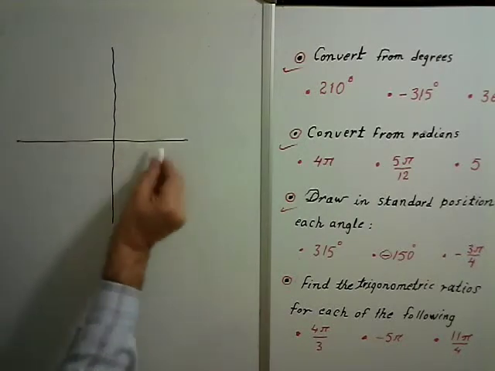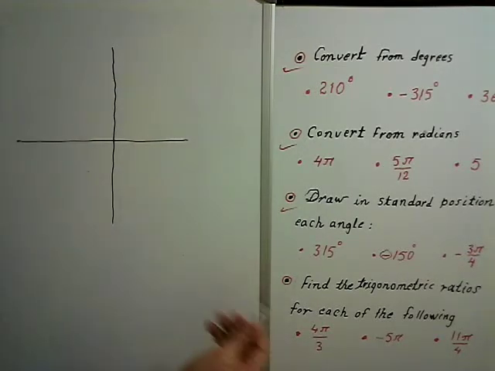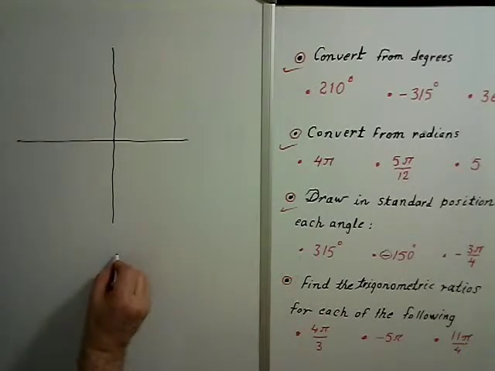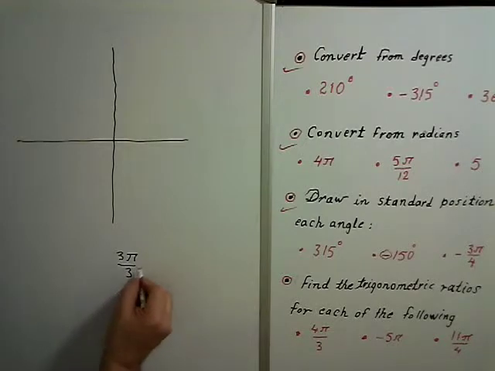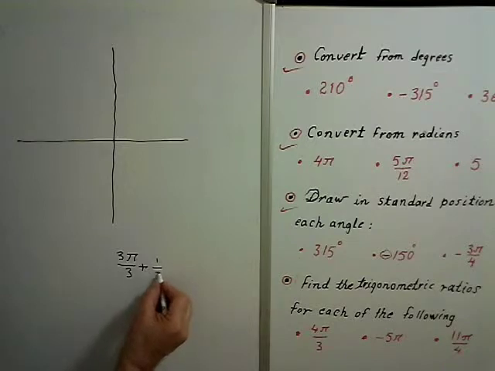The two axes, and 4 pi over 3, that means 1 pi, which is 3 pi over 3 plus 1/3 of pi.